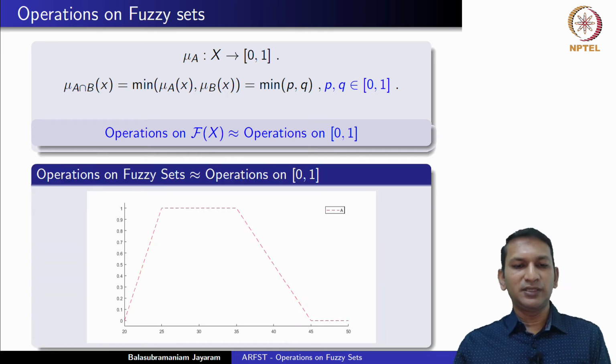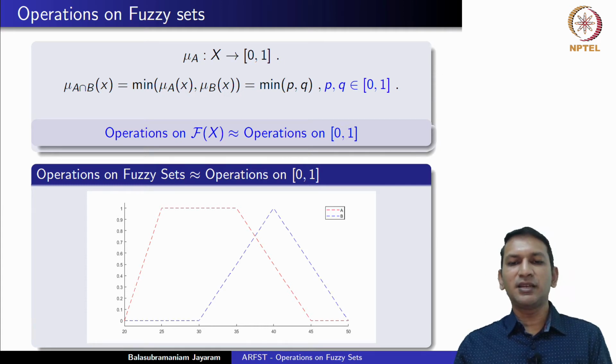Let us for a moment take this fuzzy set A. Let us consider another fuzzy set B. Now, what does it mean to talk about the conjunction of these two fuzzy sets? According to the formula given above, we need to take the pointwise minimum of both these fuzzy sets.